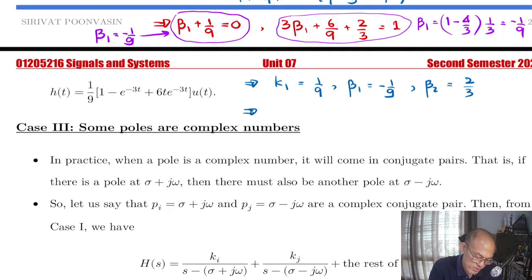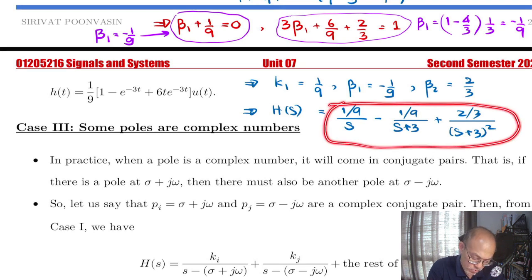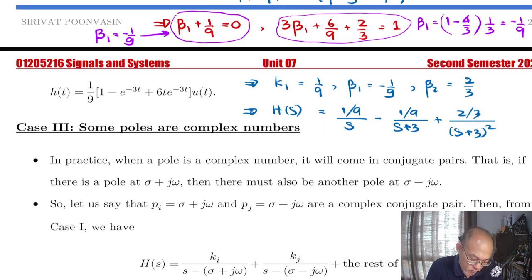So that means I can write down Hs now: 1/9 over s minus 1/9 over s plus 3 plus 2/3 over s plus 3 squared. Now from here, okay, we take the inverse Laplace transform of each term.